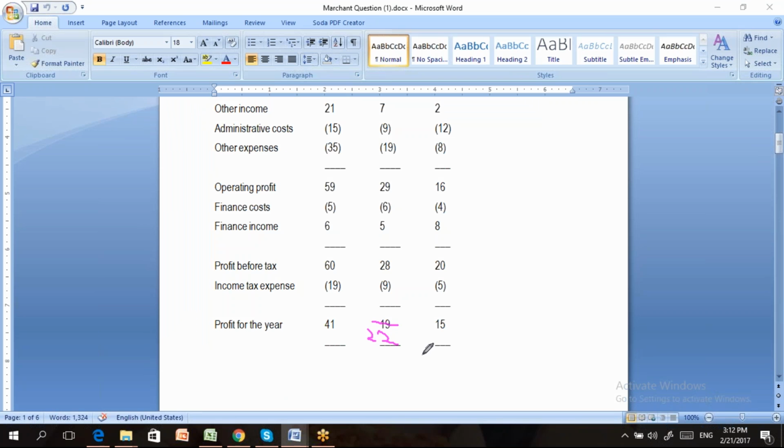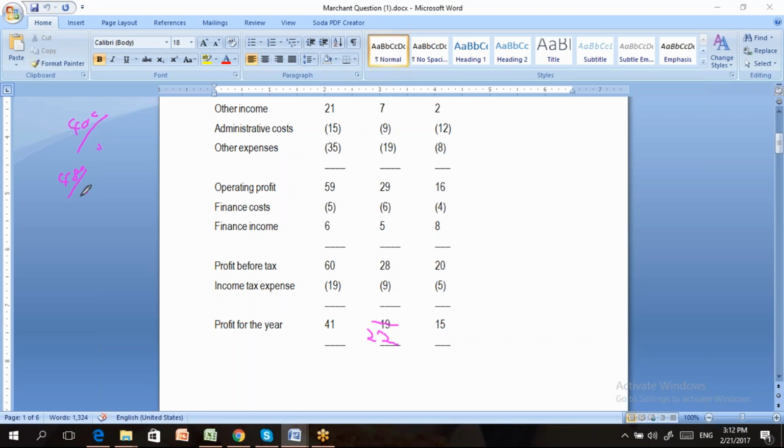Now, that profit of 22, remember, up to 6 months we had 40% NCI, and after that we have 48% NCI, because we sold 8%. So now we have to look at the whole thing to see what we have as NCI.